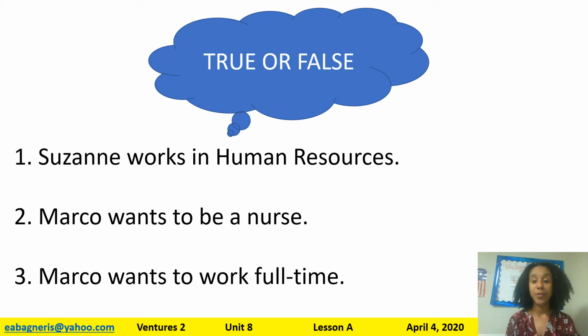Now let's go over the questions from conversation C. Number 1, Suzanne works in human resources. Does Suzanne work in human resources? True. Human resources is the place where employees can go if they have a problem or need help.